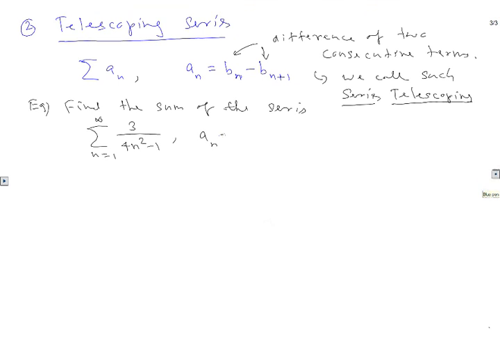So the nth term is 3 over 4n squared minus 1, and you can see that you can factor the bottom. So what are the factors? Because 4n squared means (2n) squared minus 1, you can write this as (2n minus 1)(2n plus 1).